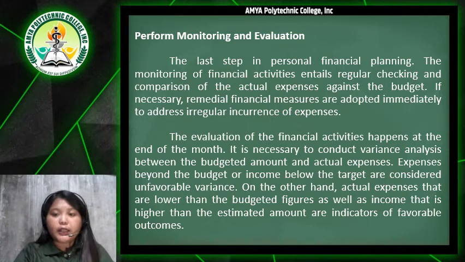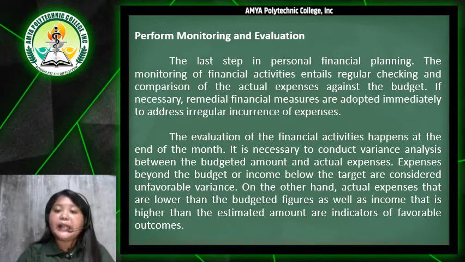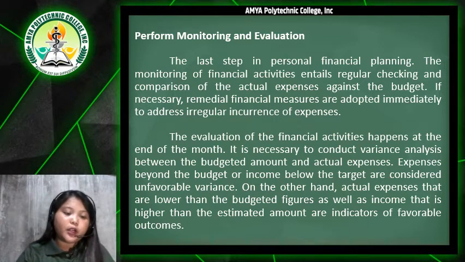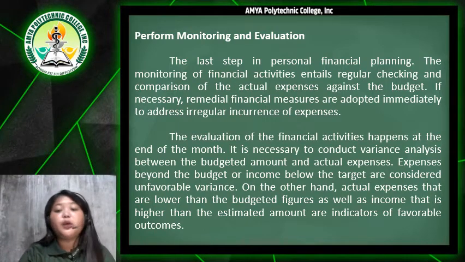It is necessary to conduct variance analysis between the budgeted amount and actual expenses. Expenses beyond the budget or income below the target are considered unfavorable variance. On the other hand, actual expenses that are lower than the budgeted figures, as well as income that is higher than the estimated amount, are indicators of favorable outcomes.